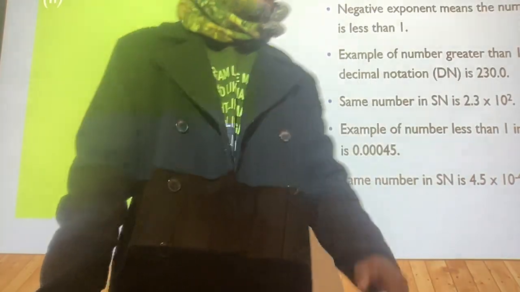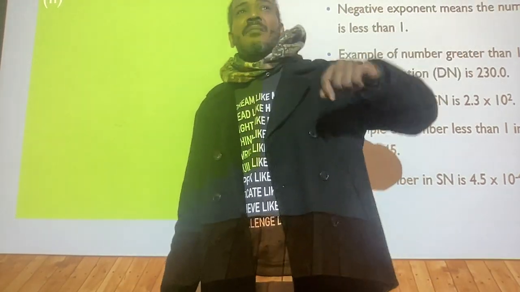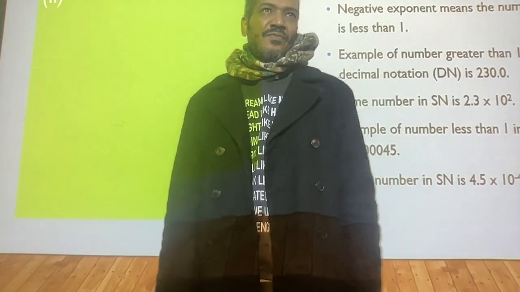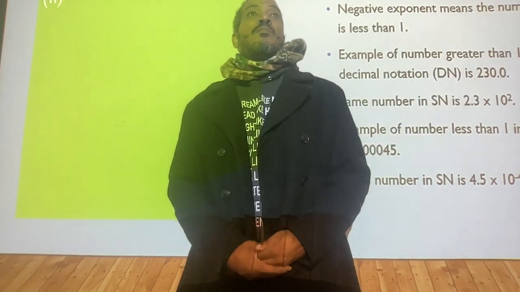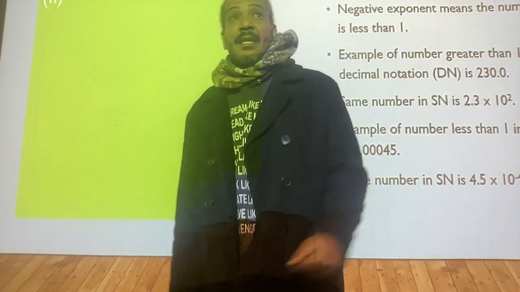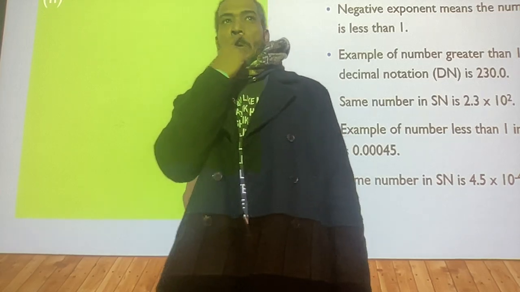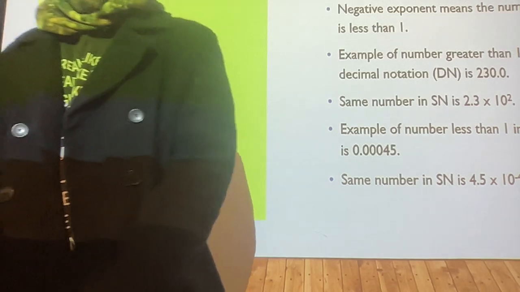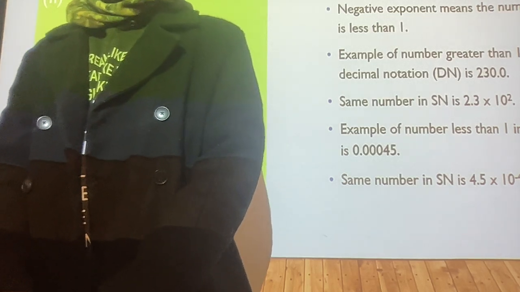These are powers of 10. So if I go from 10 to the 2 to 10 to the 3, it just means I added a 0. When you add a 0, that is multiplying by 10. I explained to you we have a base 10 number system, 0 to 9.